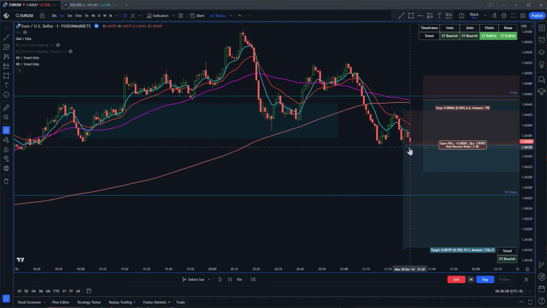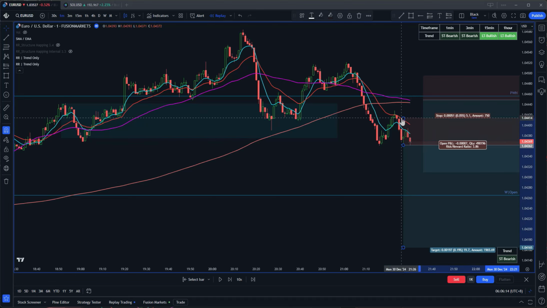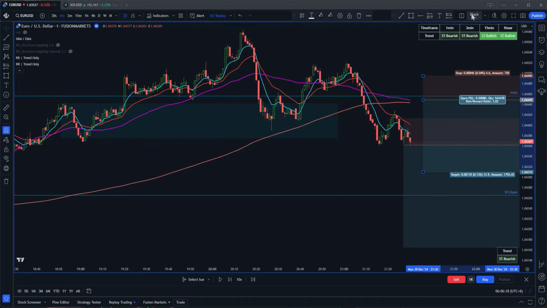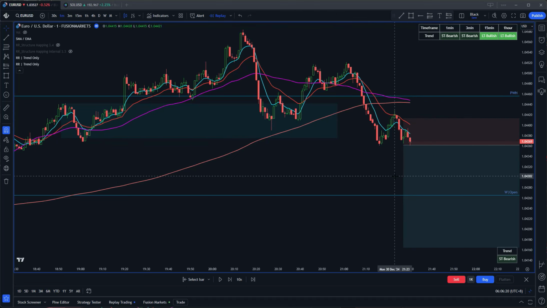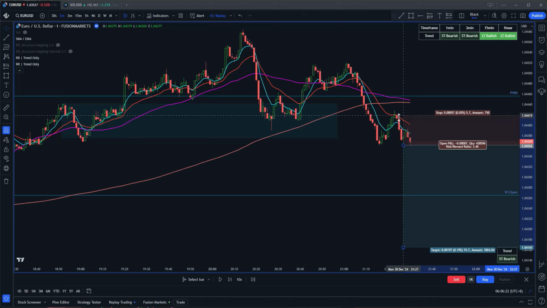Okay, this order is triggered. If this order is triggered, I think above the 21 I can put the stop loss, and I will just remove this order because I think that stop loss is too far. A little bit here is okay, 5 pips, because if the price needs to reach here, it needs to break this level and this level, and then it needs to go there.